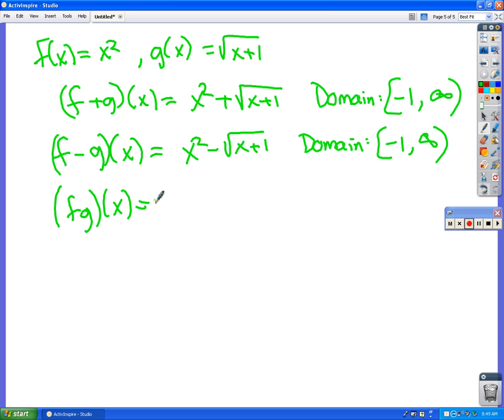Okay, f times g of x is going to be x squared times the square root of x plus 1.